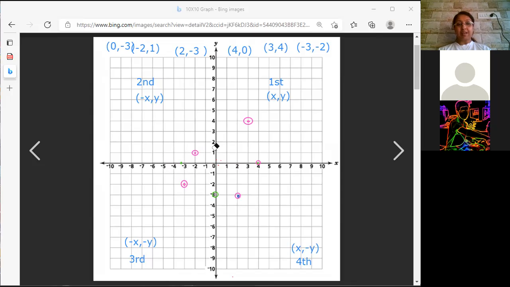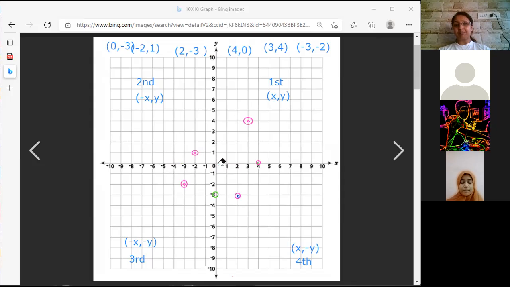Who did this green one? Sufyan? You did it better? Yes, ma'am. Okay, first you were going on the x-axis. It will not come on the x-axis. Now I will give you a very, very good trick on where the points will come if you have 0.